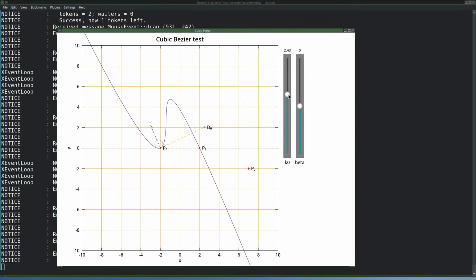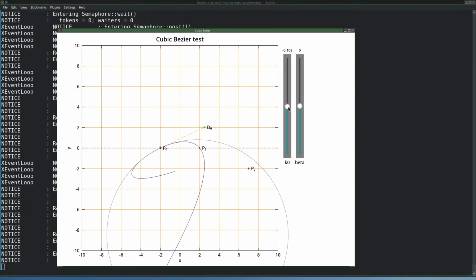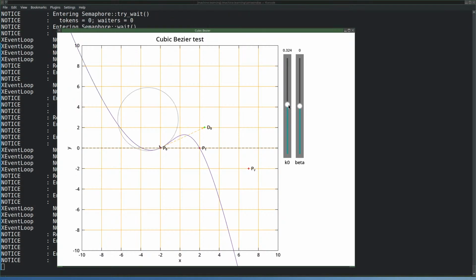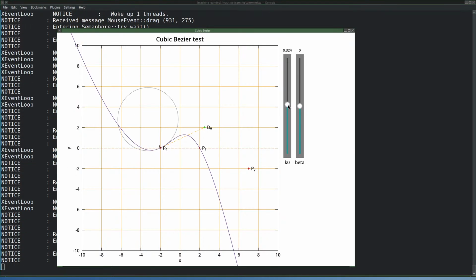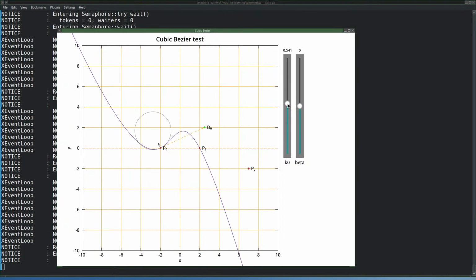So you can make it very curved or not very curved, or curved the other way around. The idea was that I change beta, the last thing that I can change, such that it goes through this point.